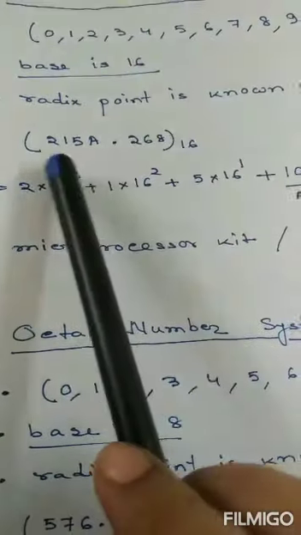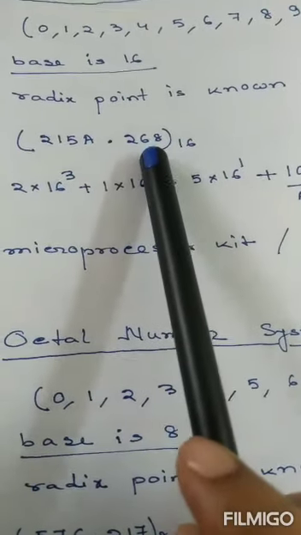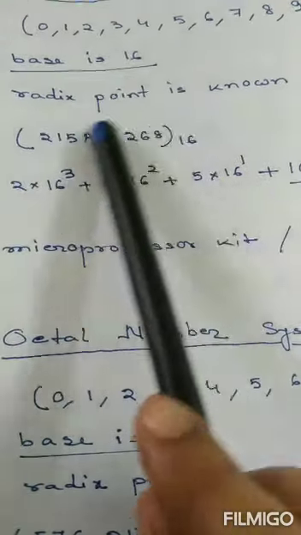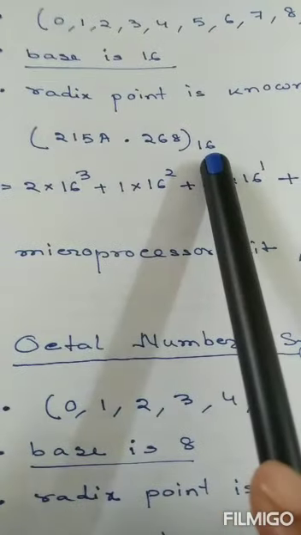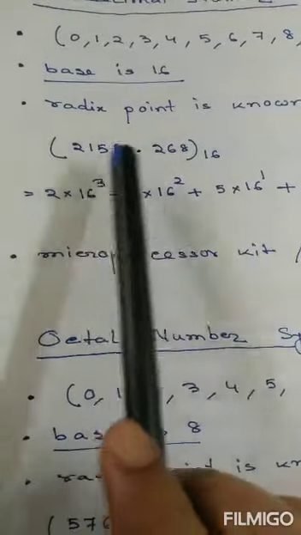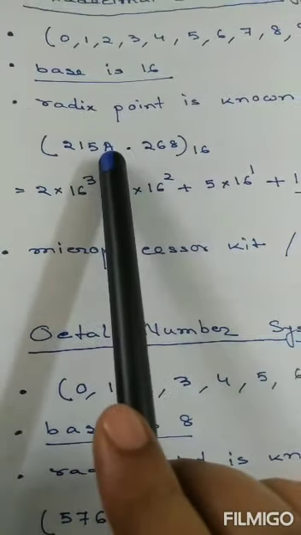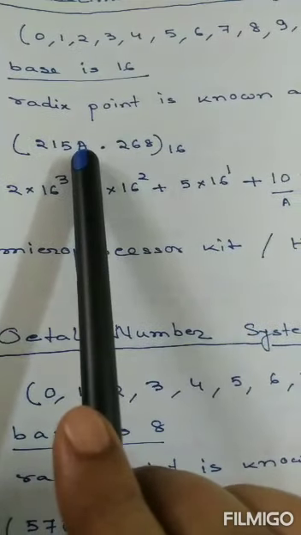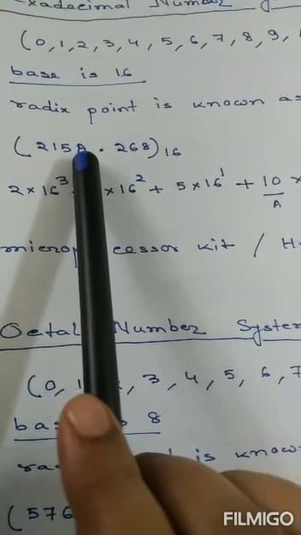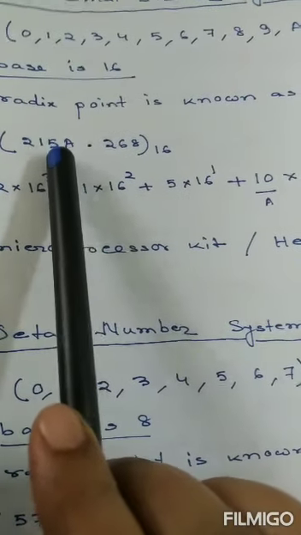Now take an example, 215A.268. This is a hexadecimal number. Why? The base is 16. So what is the value of this number? First, take the integer part. A means basically 10. The weightage of this position is 16 to the power 0.